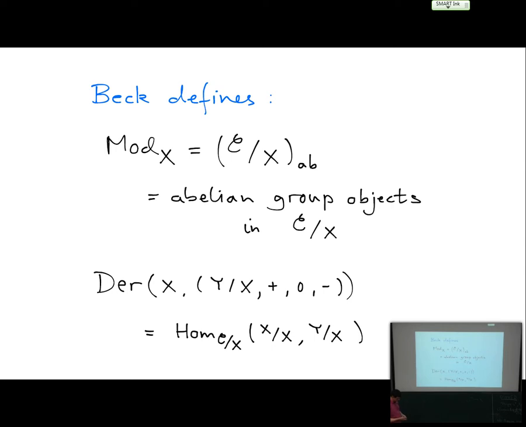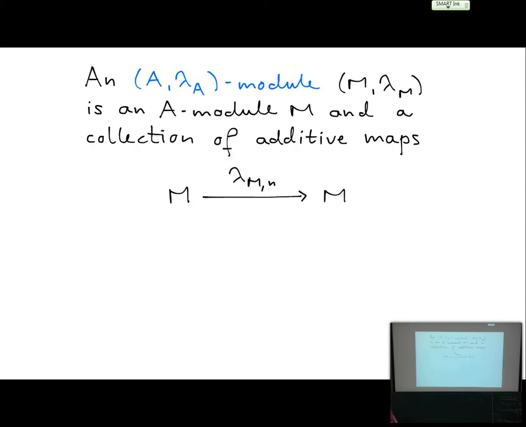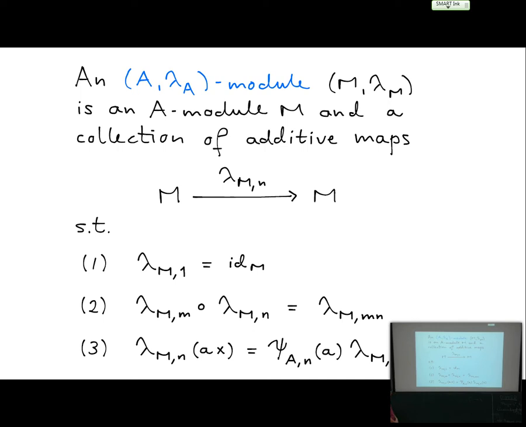And if you do this, again, with commutative rings, you get the usual notion of a derivation. But now if we take C to be lambda rings, then this becomes the following. A module over a lambda ring is a pair of a module M over the ring A, and a collection of additive maps, one for every positive integer, from M to itself, such that the following holds.